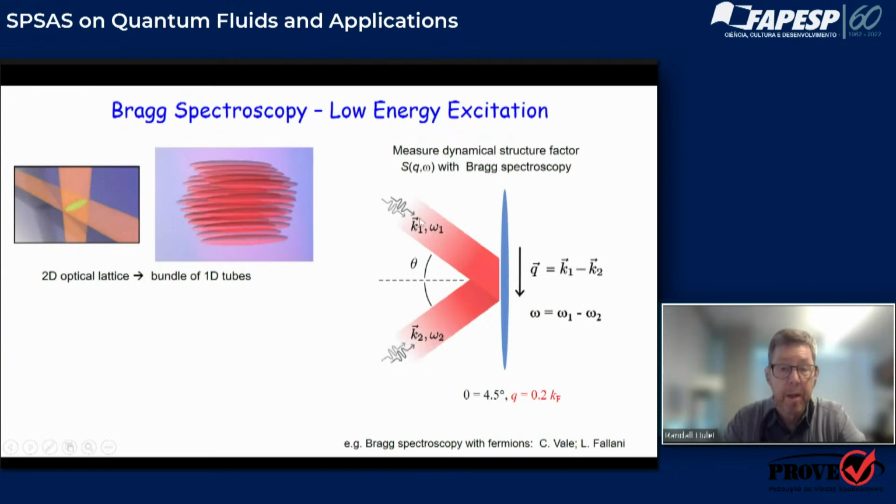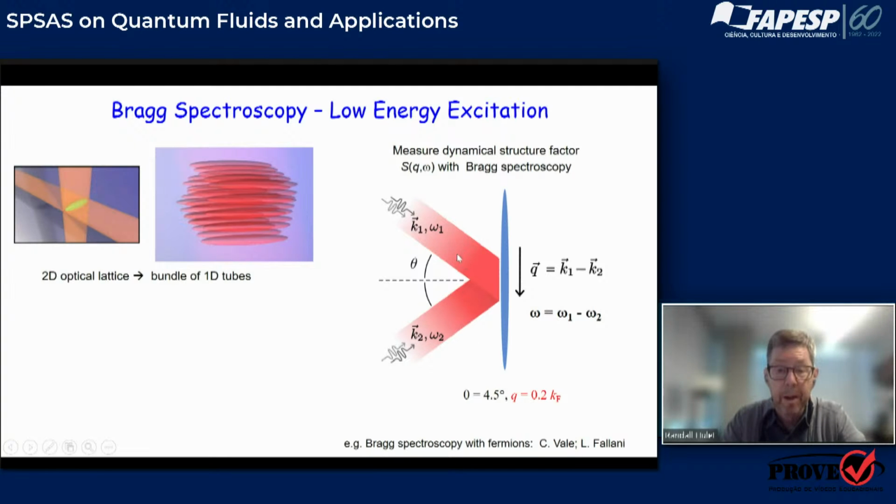So Bragg spectroscopy works by imparting momentum in an energy-resolved way. Here's the tube in blue. The momentum you can transfer in this process uses two laser beams, one laser beam at momentum K1 and energy omega 1, and another laser beam that comes in at a momentum and frequency of K2 and omega 2.